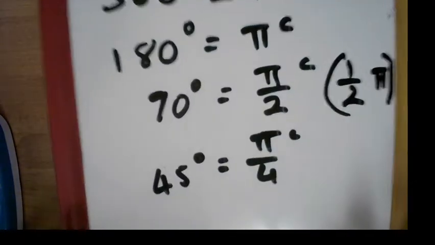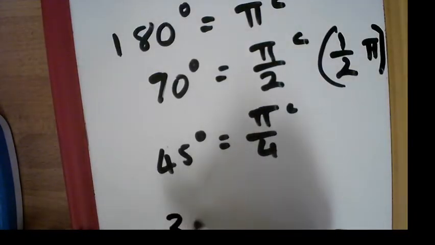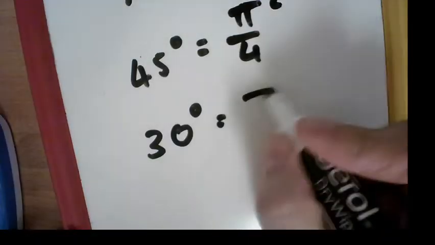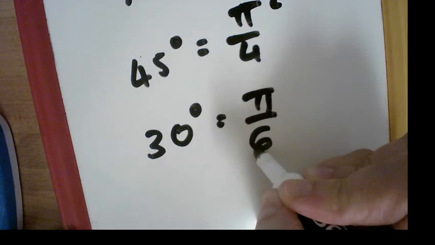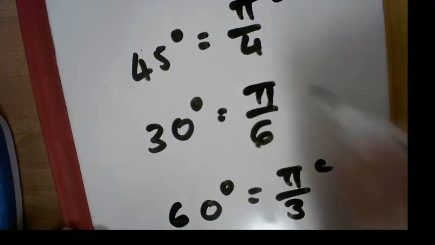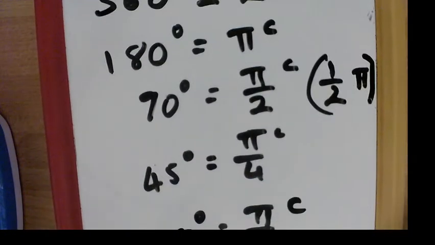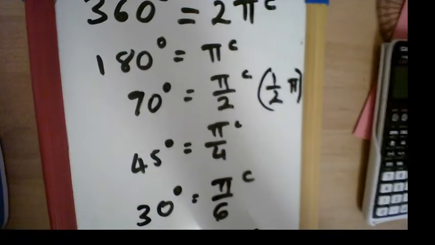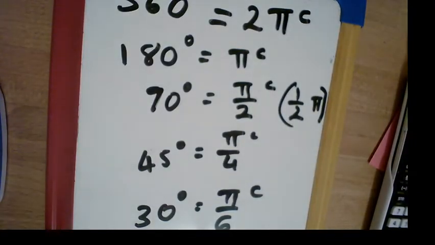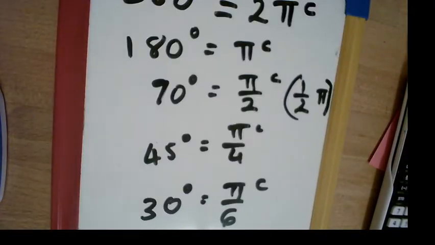Then the other two that you meet relatively often are 30 degrees, which is pi over 6, and 60 degrees, which is pi over 3. These are worth learning off by heart, because sometimes you're going to be too lazy to turn your calculator into the right mode, and then if you know which angle it is, you can just use degrees. Those are the ones that are the most useful for you to learn off by heart.